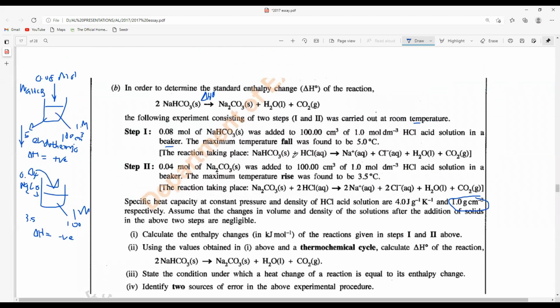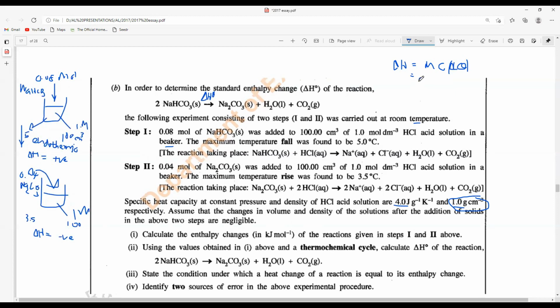This question was a little bit different because we don't have any information on formation enthalpies and all those things. But this question is very simple, like O level, because to find the amount of heat energy, delta H, you can use mc delta theta. That is why they have given the specific heat capacity and the density, right?